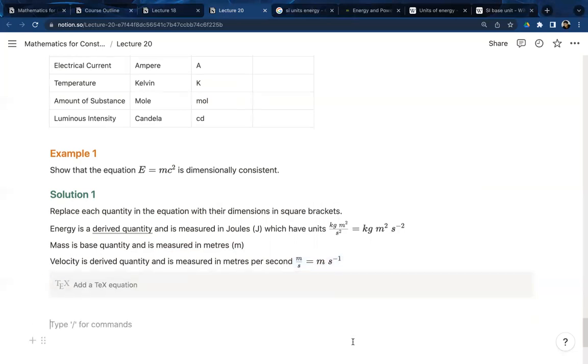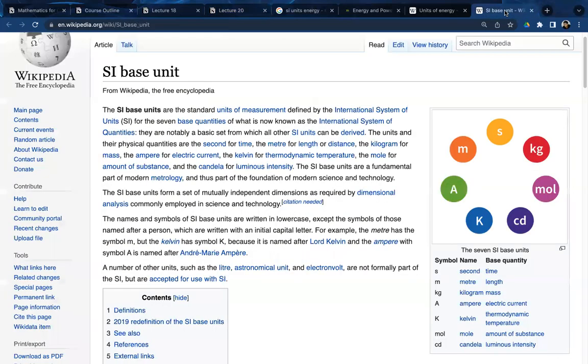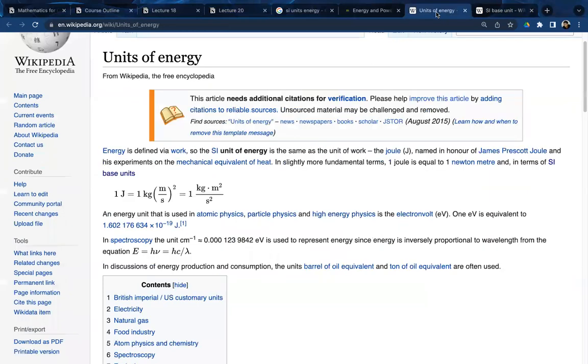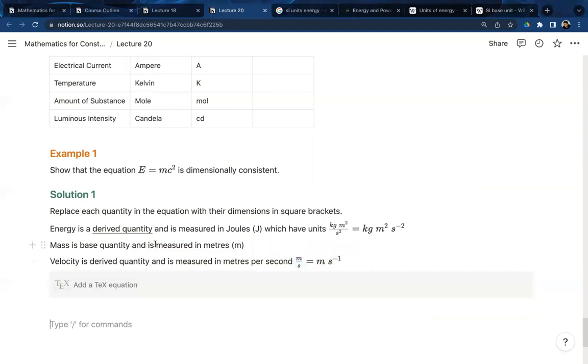Once you know the units of a quantity, any base units, you can always find that online. And if I give you a question with quantities, I will tell you what the SI base units are for that quantity. For instance, I would tell you these are the SI units for energy, these are the SI units for velocity, and so on.